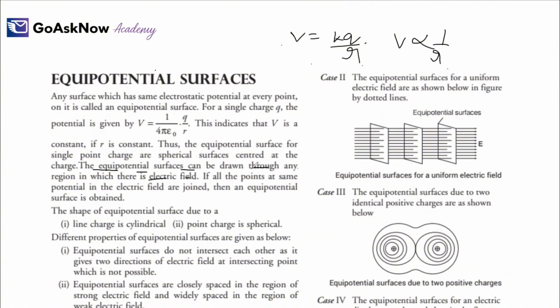The equipotential surfaces can be drawn through any region in which there is an electric field. If all the points at the same potential in the electric field are joined, then an equipotential surface is obtained. This is a very important point.